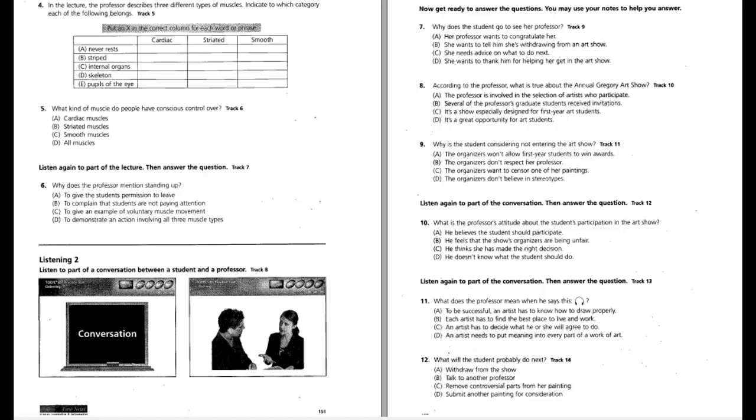Why, Maria, it's a wonderful opportunity. I have a class of graduate students who would give anything for that invitation. Well, I just got a phone call from them, and they won't let me hang one of my paintings. So I decided not to do it at all. What do you mean they won't let you hang one of your paintings? Well, I submitted 4 paintings from the series I'm working on about stereotypes.